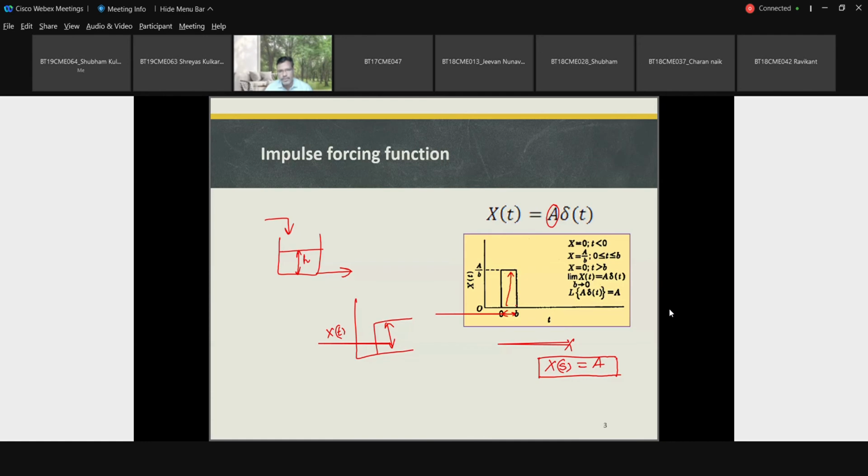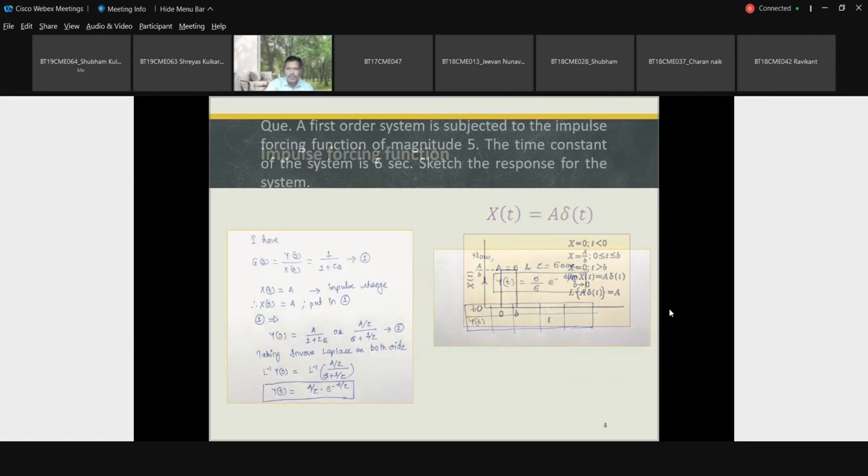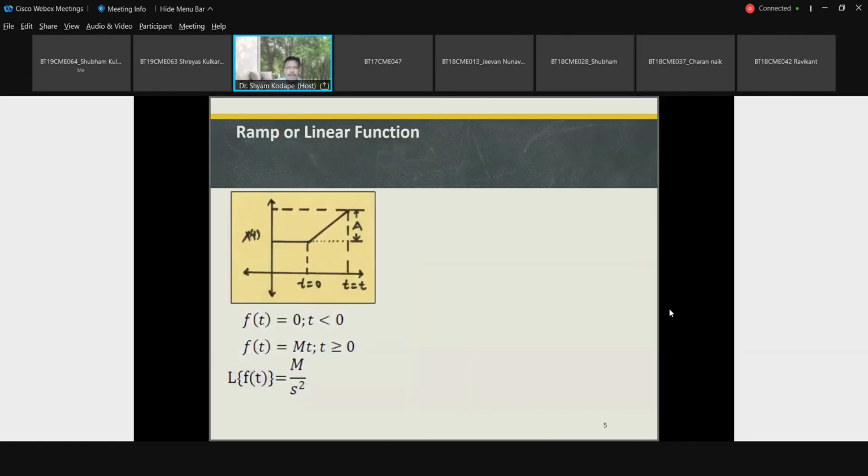Yes, sir. Okay. So we will move on to the next one. A ramp or linear function. As I had explained, a ramp or linear function is something like that. The temperature is changing 12 degrees centigrade per minute type of thing. Flow rate is changing per minute.